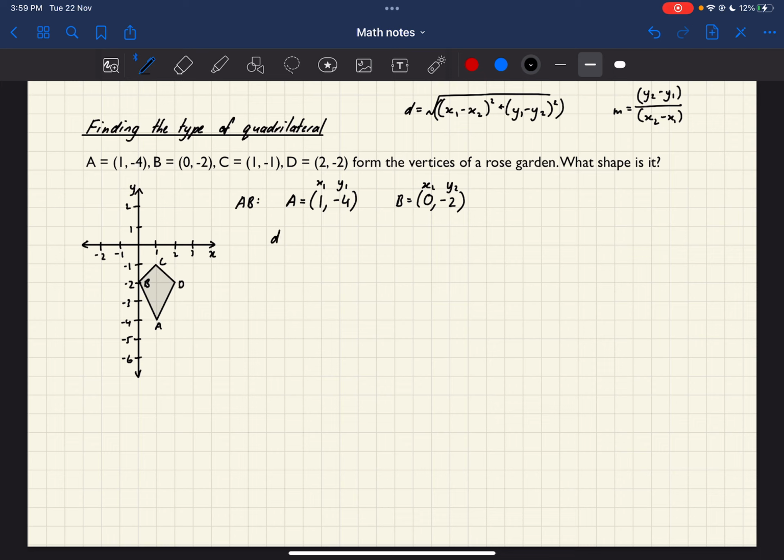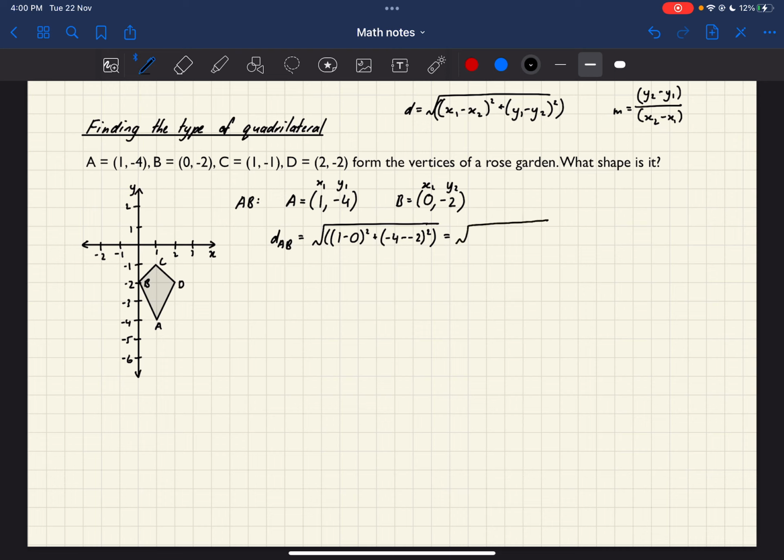We find the distance first. The distance of AB equals the square root of (x1 minus x2) squared, so that's (1 minus 0) squared, plus (y1 minus y2) squared, so (-4 minus -2) squared, all under the square root.